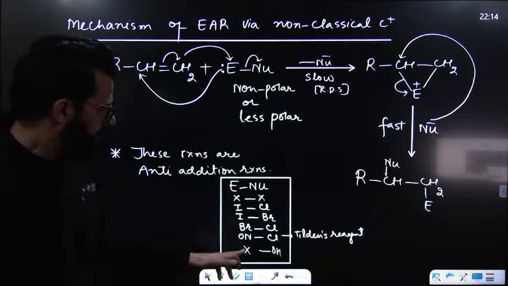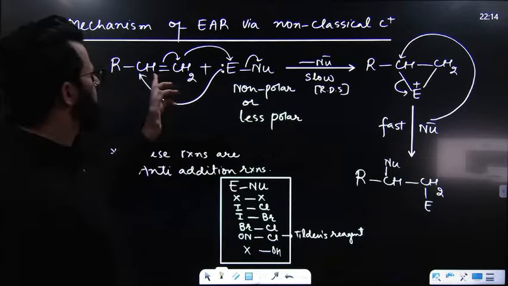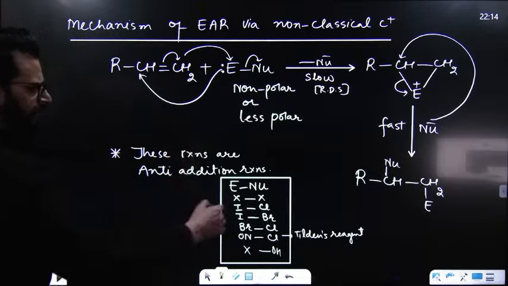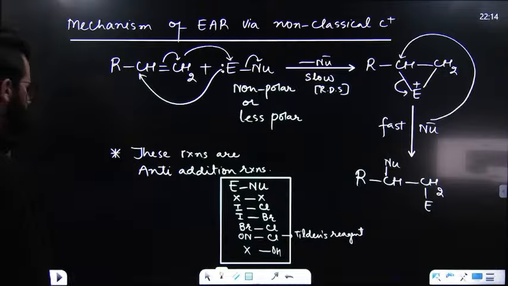Similarly, if it is X and OH, then remember here, we have to perform the product in one step. Have a look.